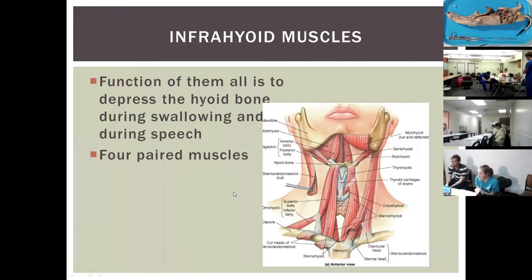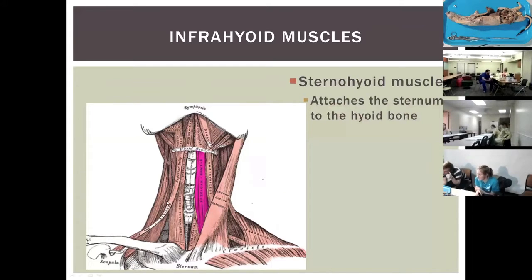One more thing about the whole group itself is that the function of all of the infrahyoid muscles is to depress or lower the hyoid bone whenever you swallow and whenever you speak. The group is made up of 4 paired muscles. The first one is the sternohyoid muscle, and that goes from the sternum.